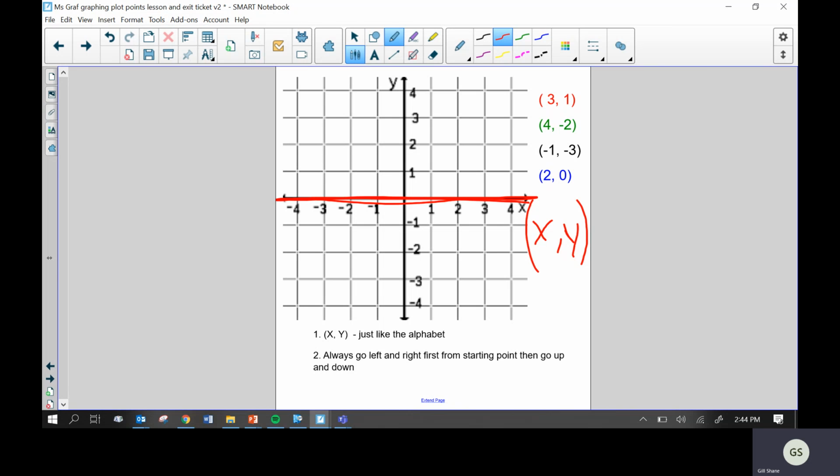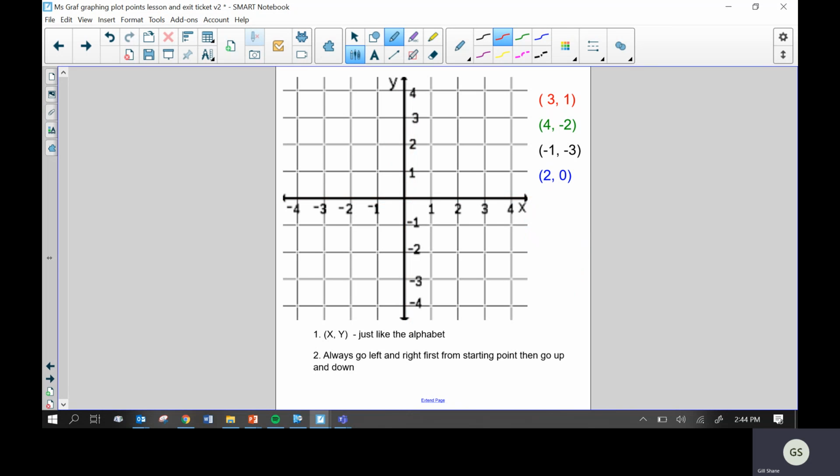So we need to go left and right on the x-axis to get to that number. The second term is y, right there. So second, we go up and down. But if you ever get confused, you can remember that x is first because that's just alphabetical order, x, y, z. You can remember that you go left and right first because of the story about Ms Graf. Mr. Gill had to go left and right first to get to the elevator. Then he could go up and down to get to the correct floor.